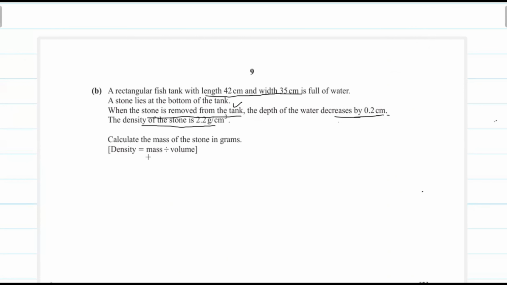Look here, the density equals mass over volume, then mass will be equal to density multiplied by volume. The density here is 2.2 gram per cubic centimeter. The volume of stone we have to calculate. The volume of stone will be equal to the volume of water drop.